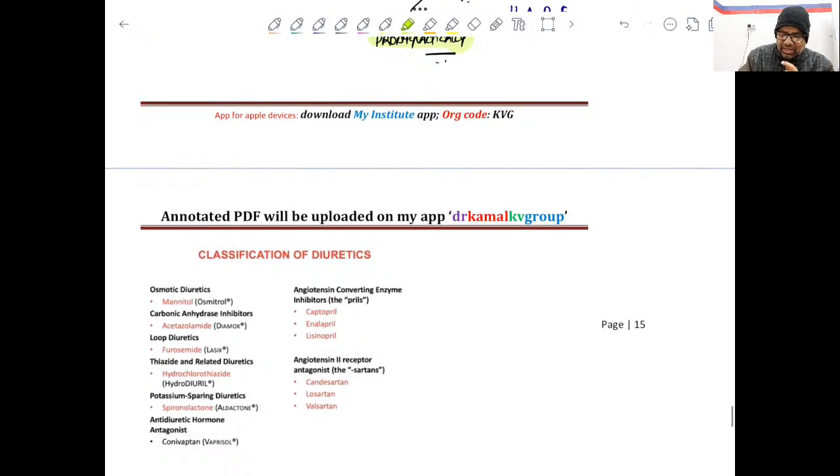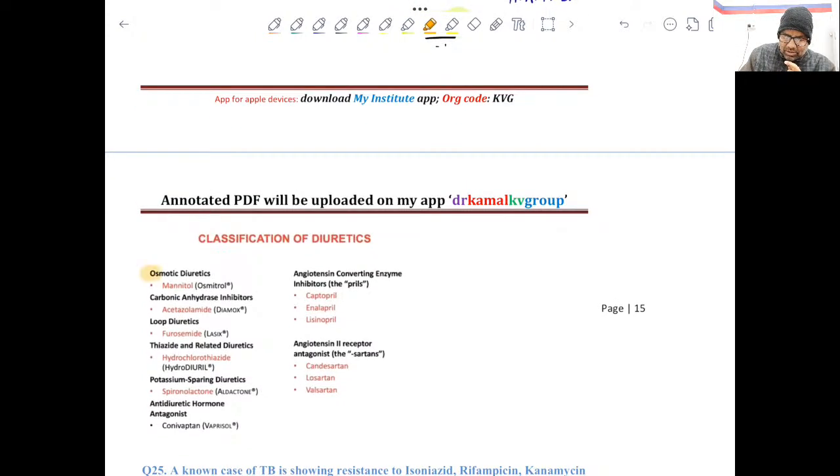So we can take the classification of diuretics. One is osmotic diuretics. The member is mannitol, clear, which is used in raised intracranial tension. Then carbonic anhydrase inhibitor, that is acetazolamide, sold with the name of Diamox. Then there are loop diuretics which act on the loop of Henle, especially furosemide.